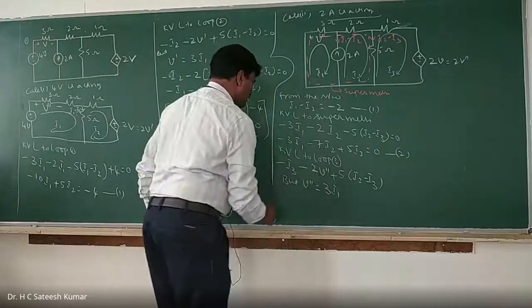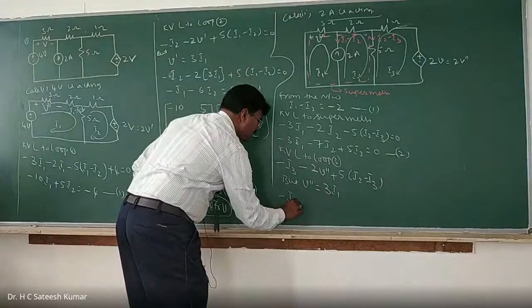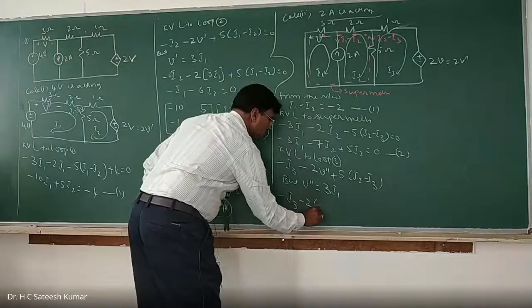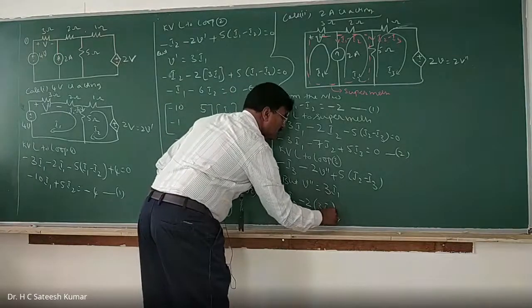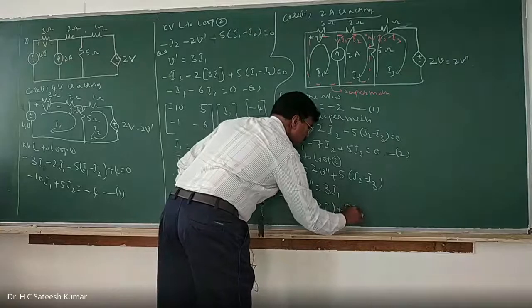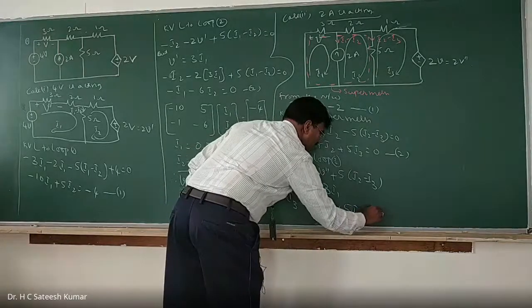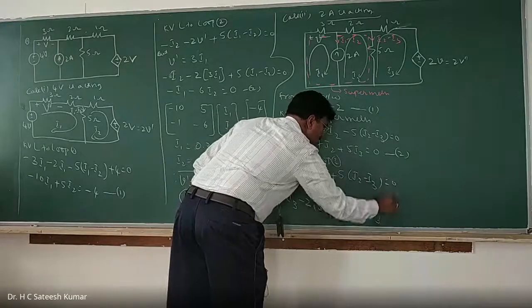Substitute in this equation: minus I3 minus 2 into 3I1 plus 5I2 minus 5I3, is equal to 0.